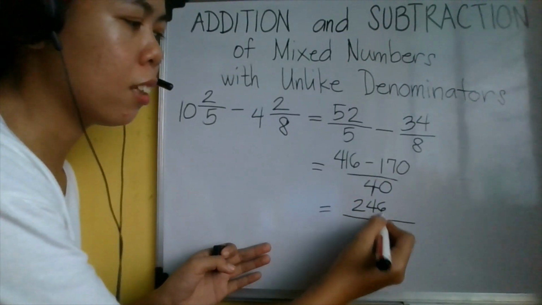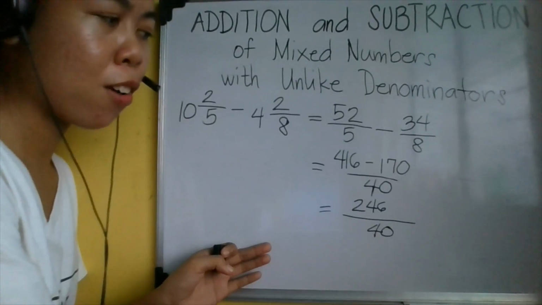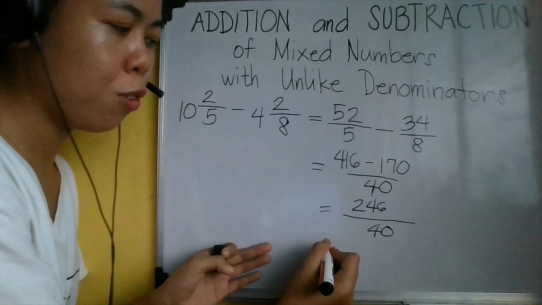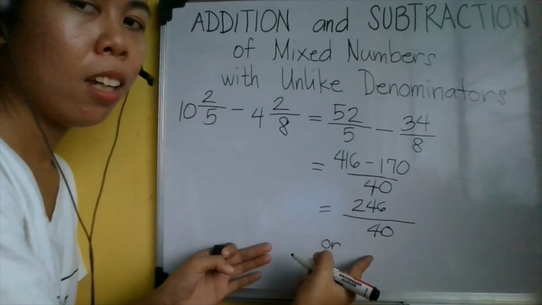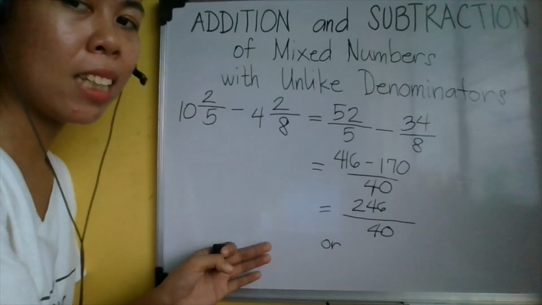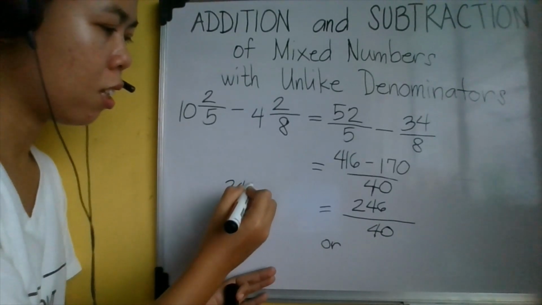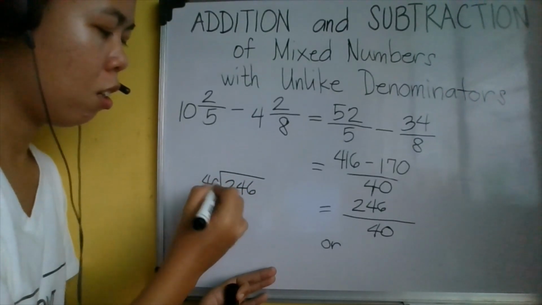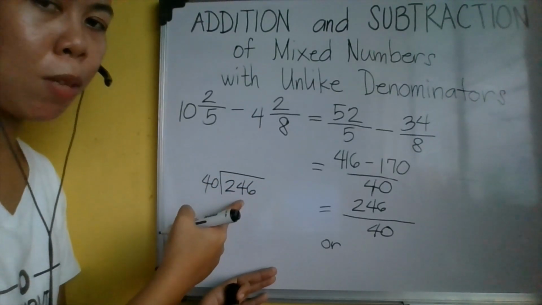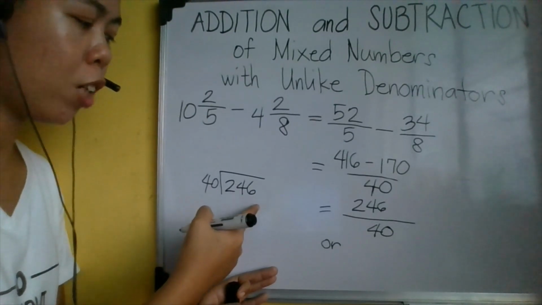246 over 40 is an improper fraction. So we have to divide 246 over 40 to change it to a mixed fraction. So 246 divided by 40. So 24 cannot be divided by 40. So we have to divide 246 by 40.